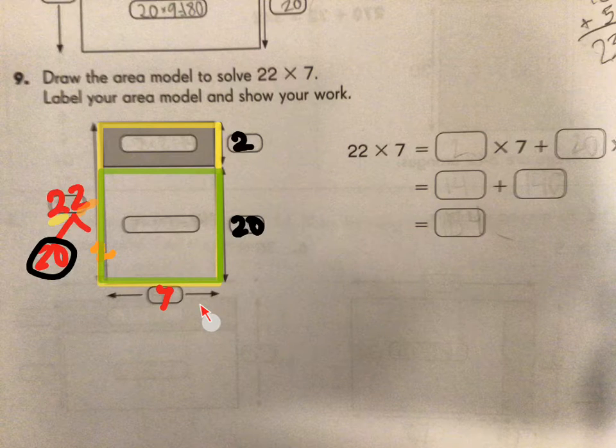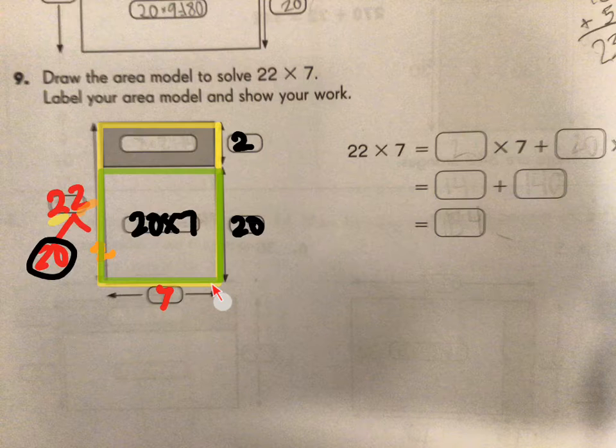So I still have over on this side 22, but I've broken the 22 down into its values. Now I have this green rectangle that has a side length of 20 and a bottom length of 7. So this area is 20 by 7, or 20 times 7.